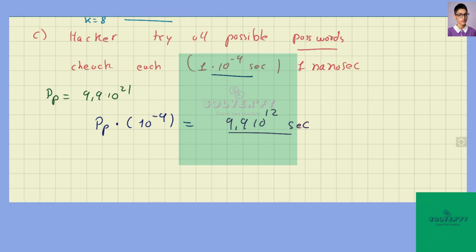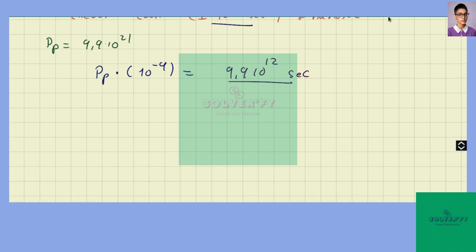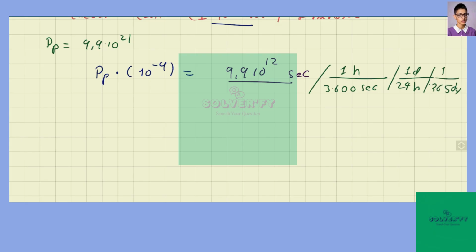It is still a lot of time, but let me illustrate that this is indeed a lot of time. Here we have seconds, so we can transform this. We know that 3,600 seconds is equal to 1 hour, 24 hours is equal to 1 day, and 365 days is equal to 1 year.